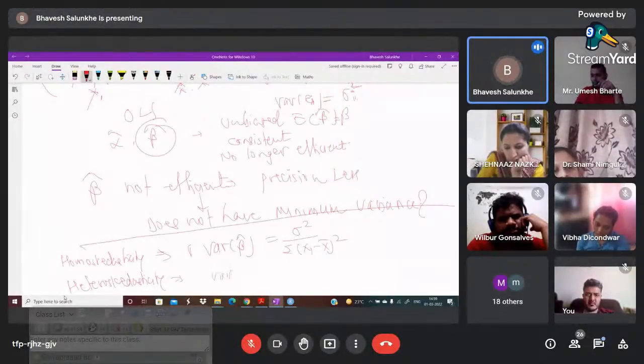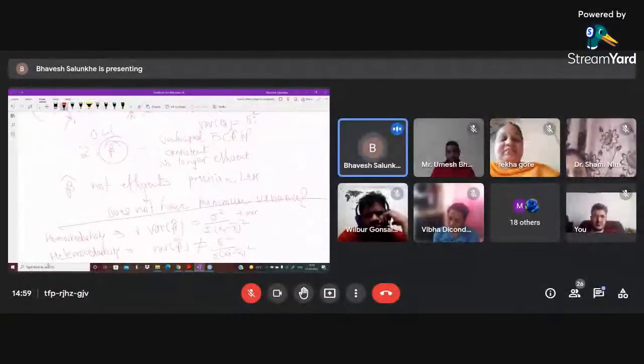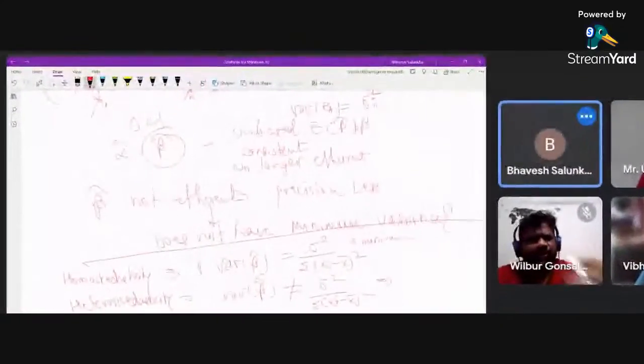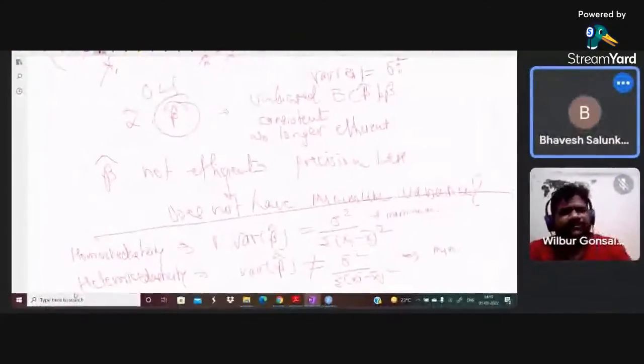So variance of beta hat will not be equal to sigma square upon summation xi minus x bar square. This was the minimum variance under homoscedasticity. But the moment there is heteroscedasticity in the data, the variance will not be equal to this minimum variance formula. Therefore, the OLS estimator will not have minimum variance.